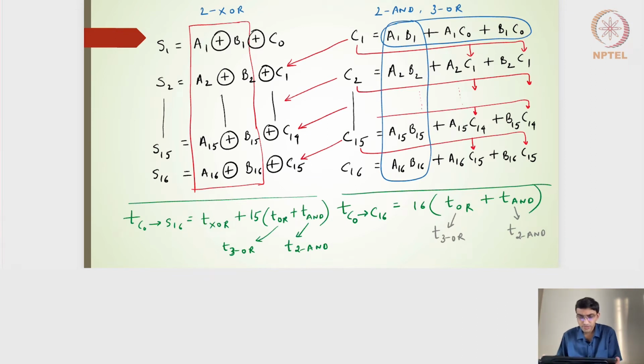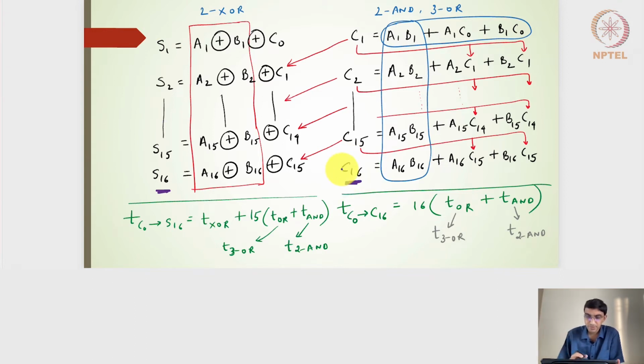Now, if I want to build a 16-bit adder, it is going to generate a C16, supplied with A1, B1, C0, and similarly A2, B2, C1, and so on up to A16, B16. So for a 16-bit adder system, we generate the sums S1 to S16 and the carry out C16.